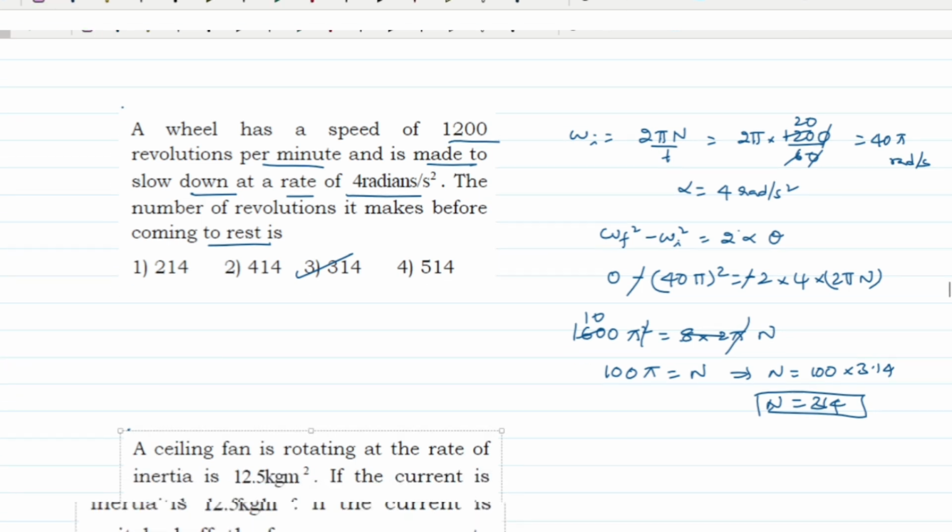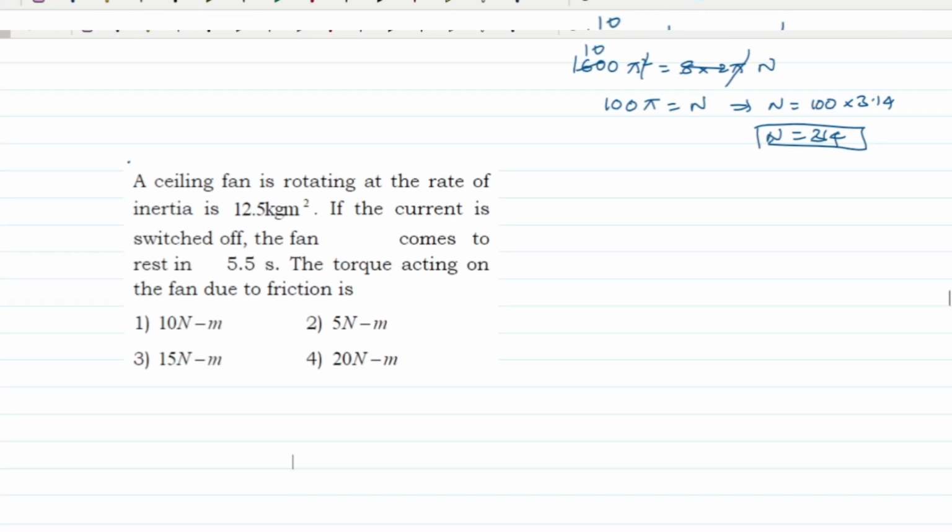Let us see the next question. The next question says here a ceiling fan is rotating at the rate of, and inertia is given. Here the moment of inertia of the rotating fan is given as 12.5 kg meter square. If the current is switched off, the fan comes to the rest in 5.5 seconds. Then here the torque acting on the fan due to the friction they are asking.